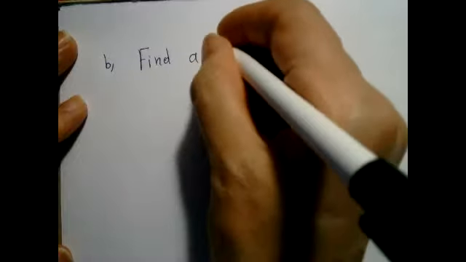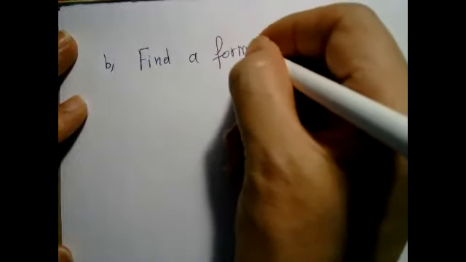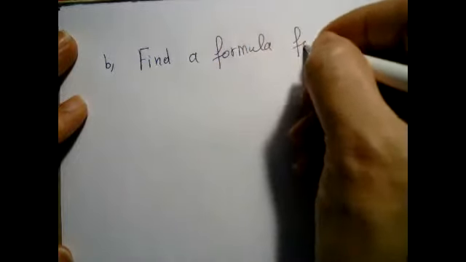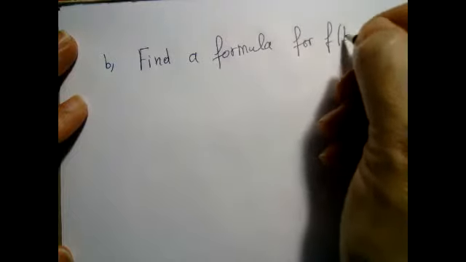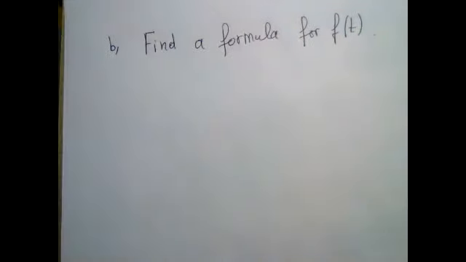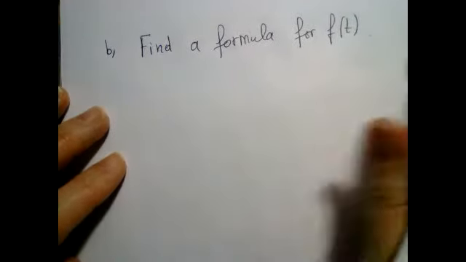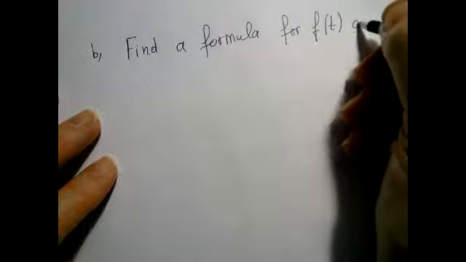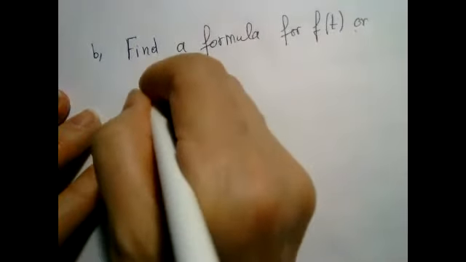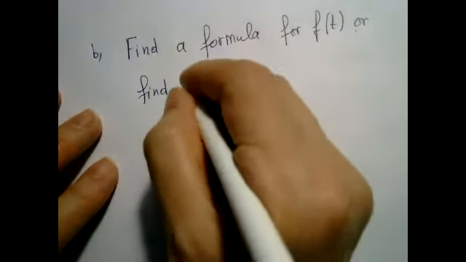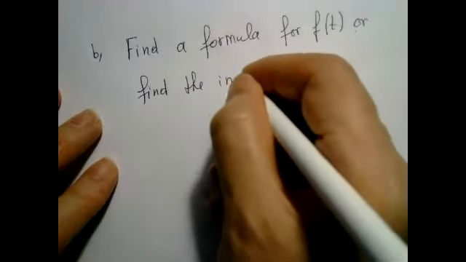So in general, what's going to be the formula for f of t, or find the income after t years?